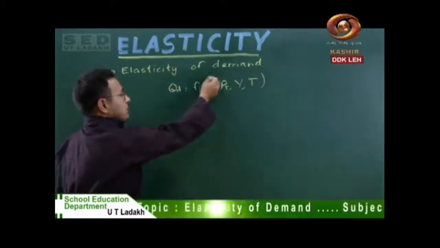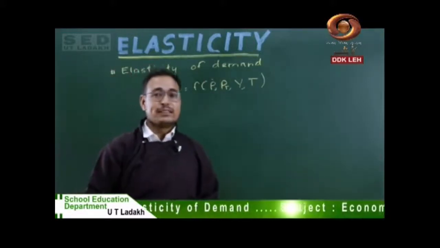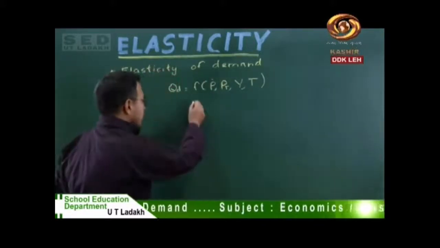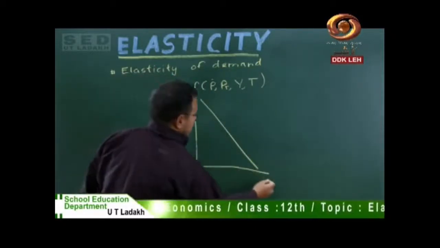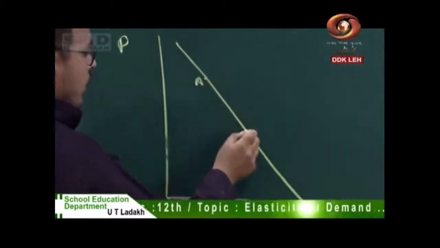Over here, the P, which represents its own price, will cause a movement along the demand curve. If this is your demand curve, say this is P, this is QD, then the movement from A to B will be caused by its own price. But apart from that, there are other determinants.